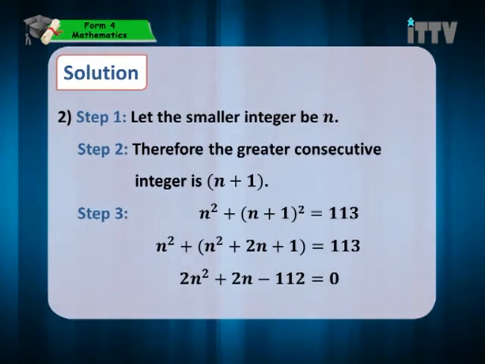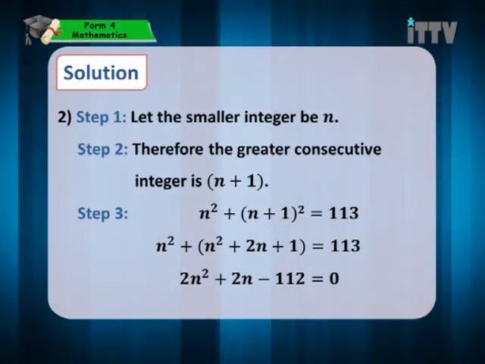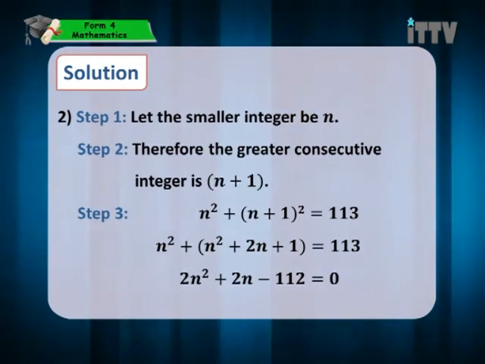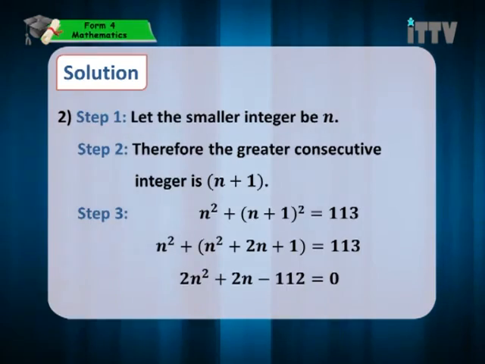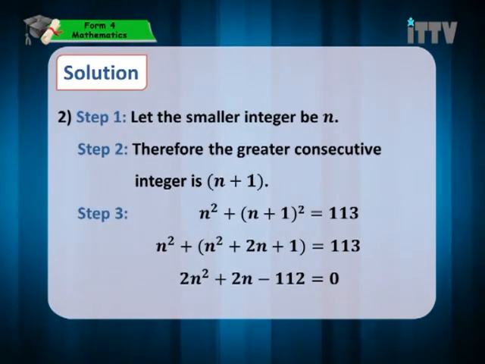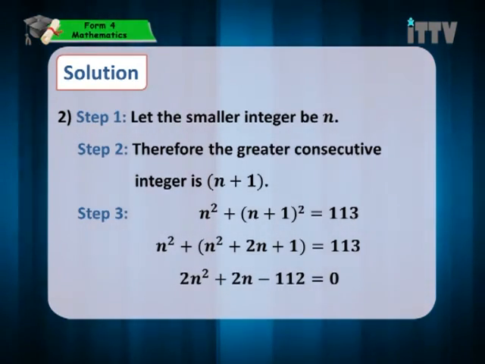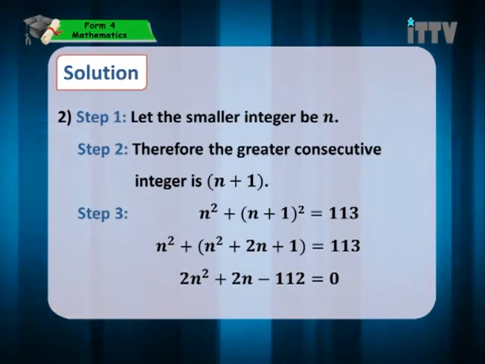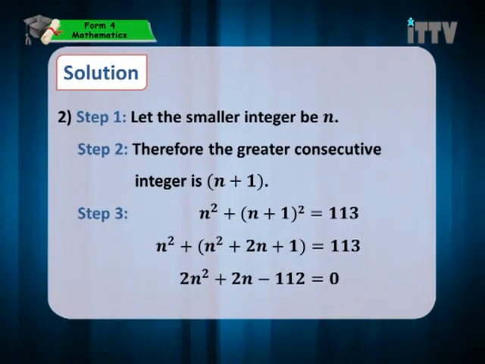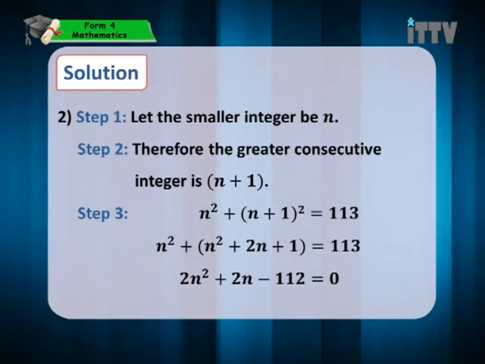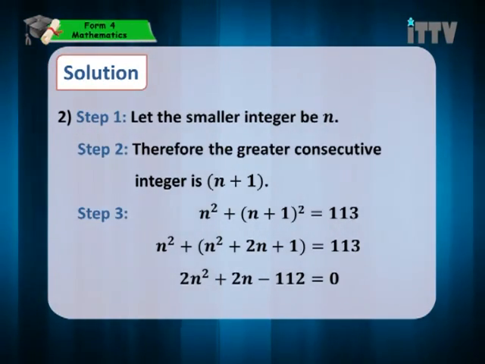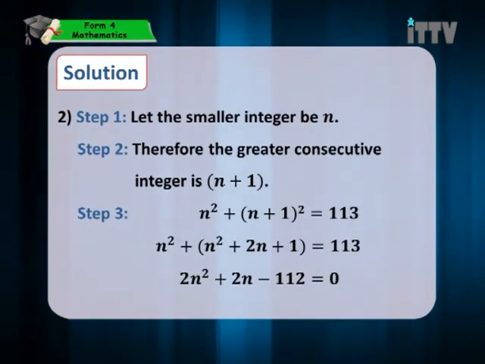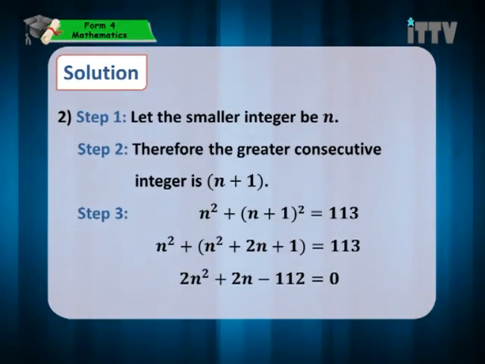So, (n + (n + 1))² = 113. Expand the bracket. n² + 2n + 1 = 113, and shift it to get a quadratic equation in general form, which is 2n² + 2n - 112 = 0.